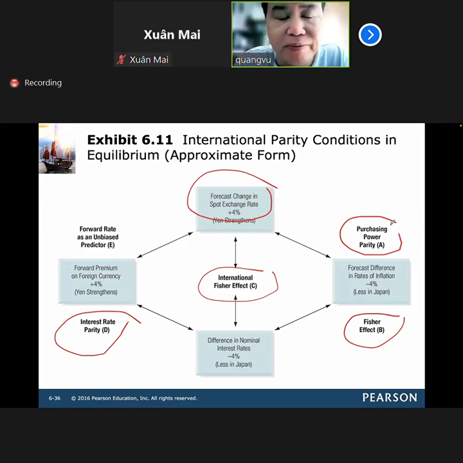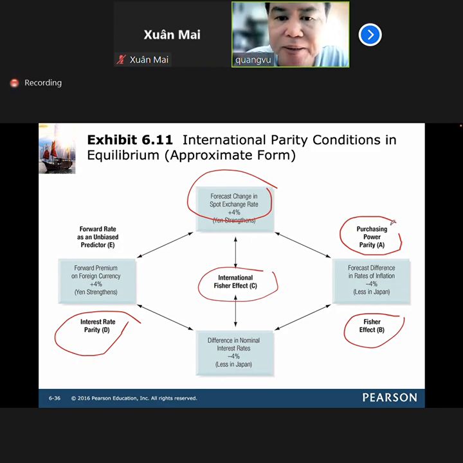We'll just have discussion on the law of one price, and then let's move on and discuss purchasing power parity. Suppose iPhone 14 Pro Max is sold in Singapore for $1,000, but at the same time in Ho Chi Minh City, you observe that the same product is sold for 24 million Vietnam dong.